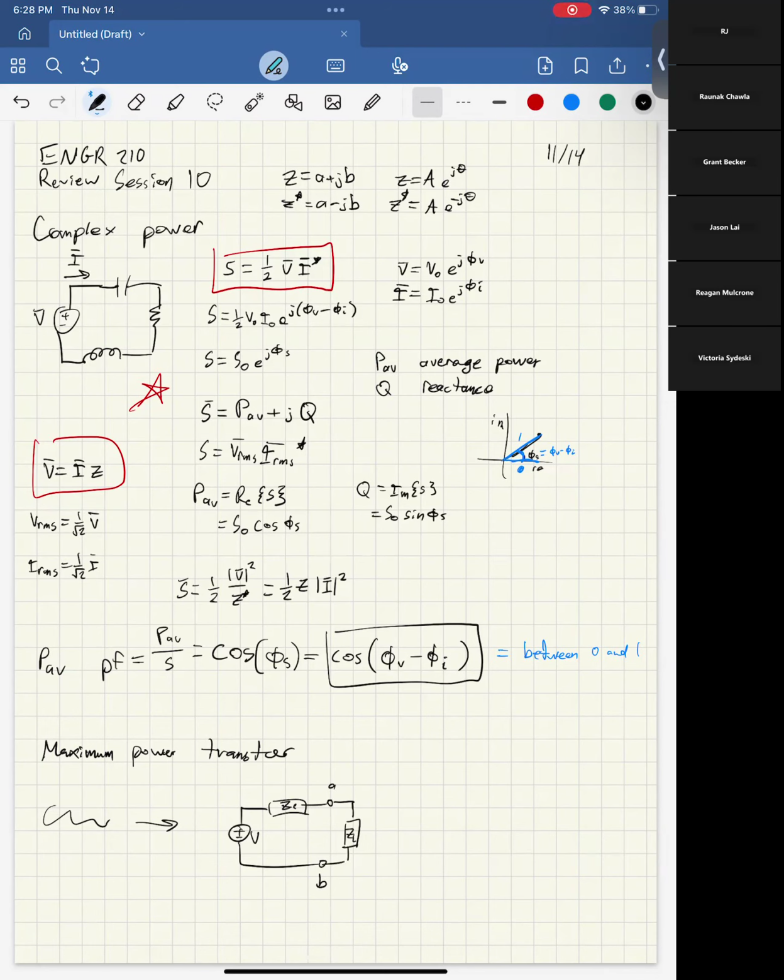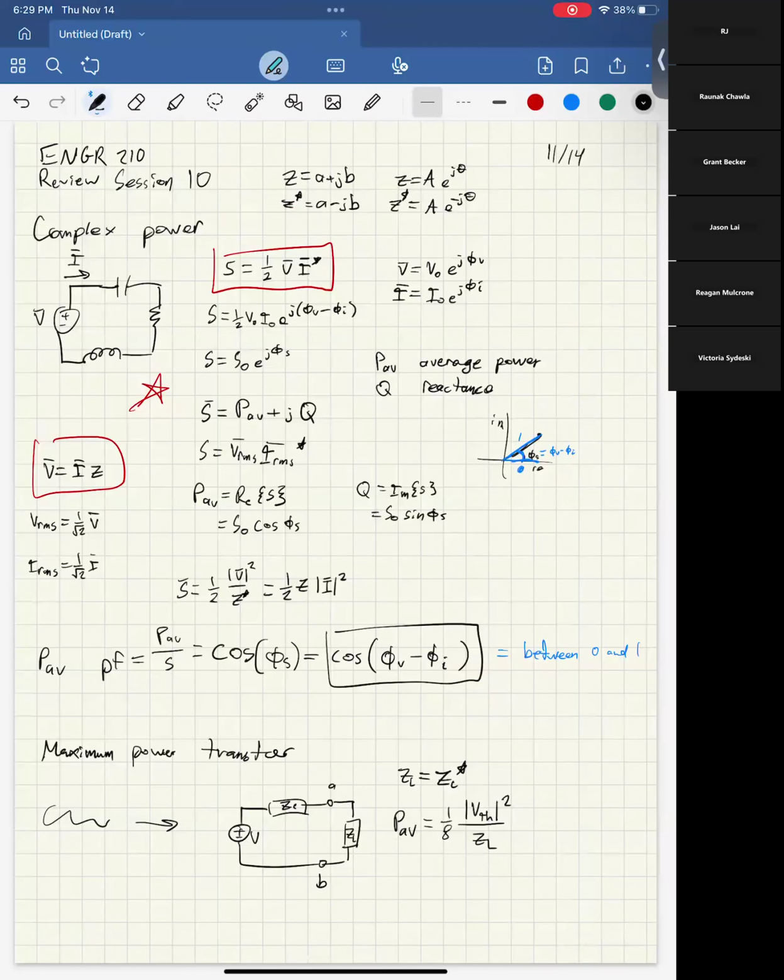What we find is that the maximum power is found when Z_L equals Z_C star, so when it's the conjugate of that internal load to the system. And the power average that you find, because the power average is what we care about here, is 1/8 times that Thevenin equivalent voltage squared over our load resistor, or over our Z_L, I guess.